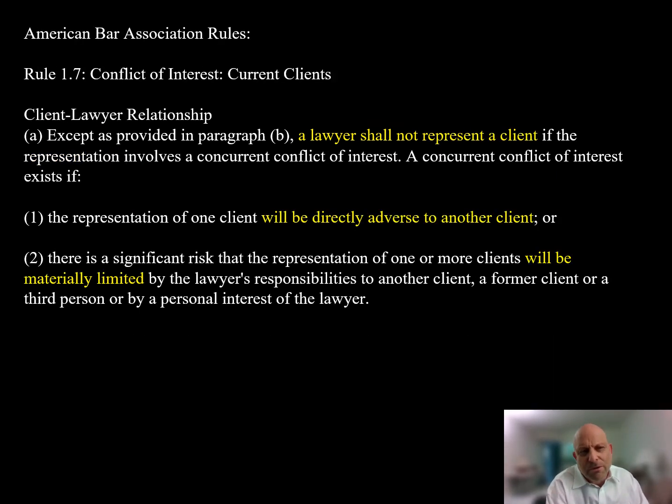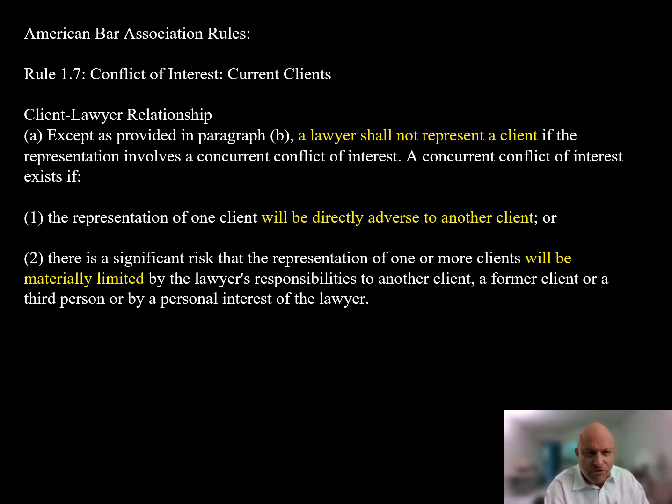All right. So the New York rules are based on the American Bar Association rules, which are similar, but I think somewhat narrower. And I'm not going to go into why, it's not really relevant for analyzing this opinion. So, except as provided in paragraph B, a lawyer should not represent a client if the representation involves a concurrent conflict of interest. And then it defines it.